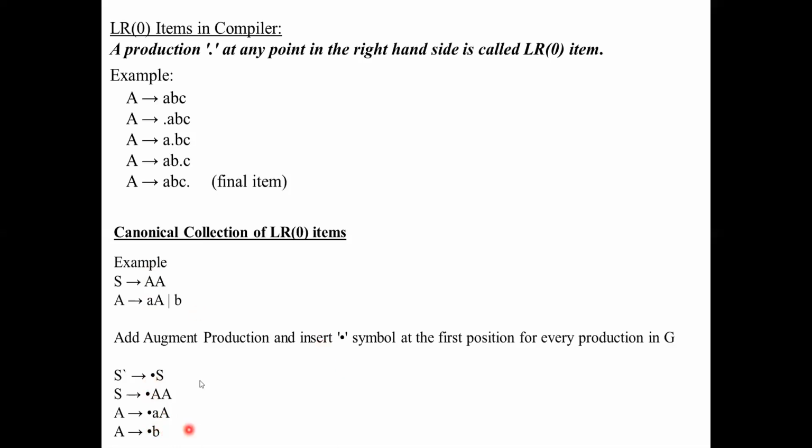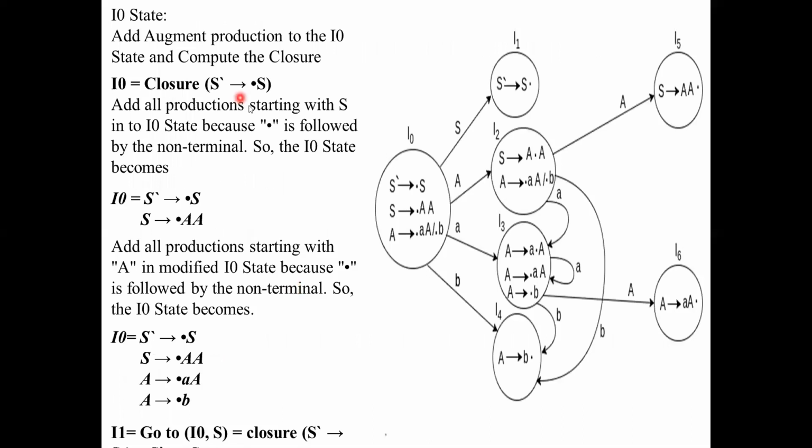This is an important part: how to construct the augmented grammar and how to construct the LR0 items. Next, how to construct the canonical items for LR0.